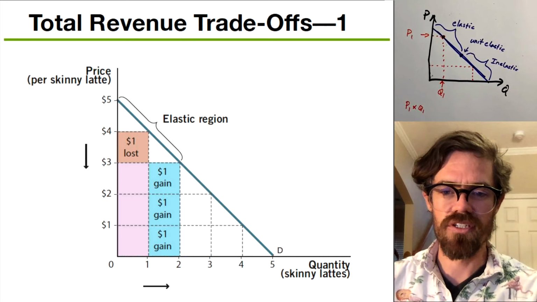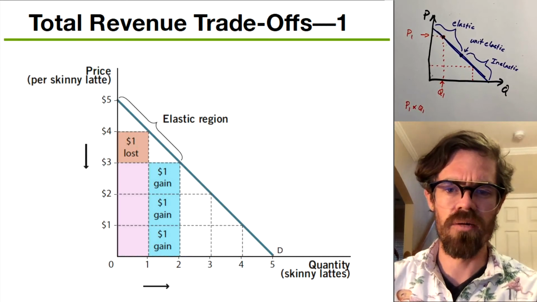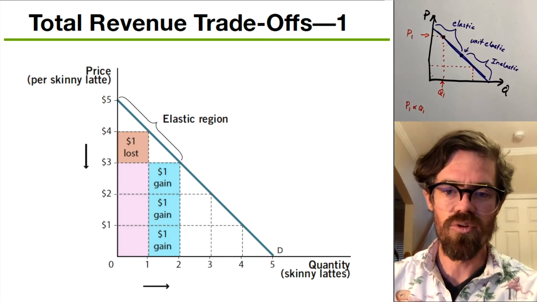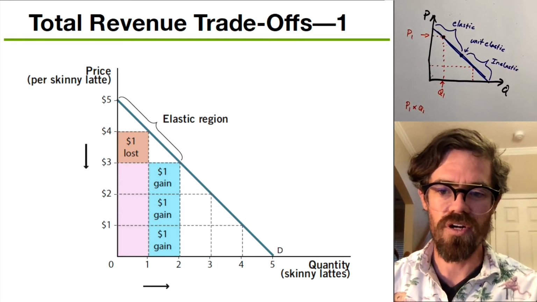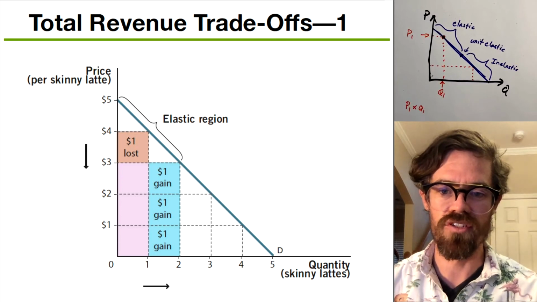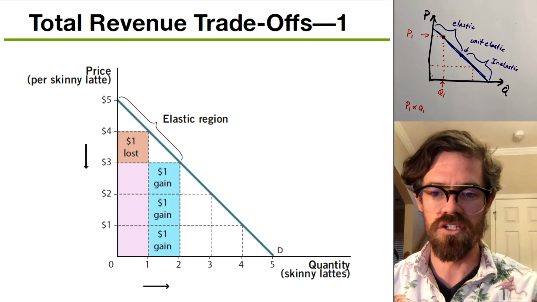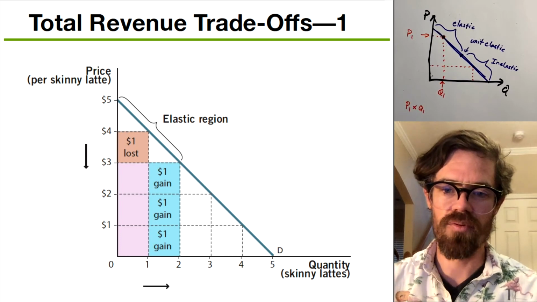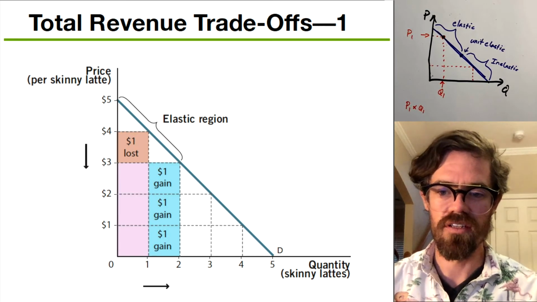So let's see how this works. Let's suppose we go from selling at $4 to selling at $3. Well, if we sell at $4, we're able to sell only one skinny latte. So our total revenue is $4 times one unit, which is a total revenue of $4. Now, as we bring our price down to $3, we're able to sell an additional latte.